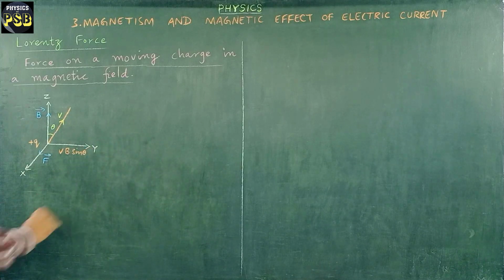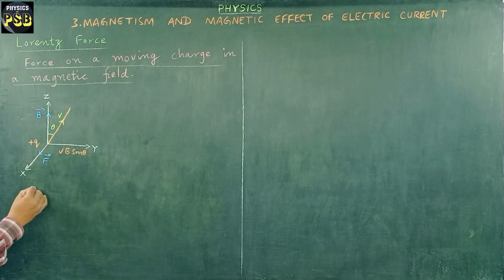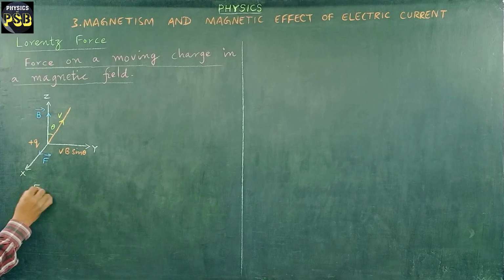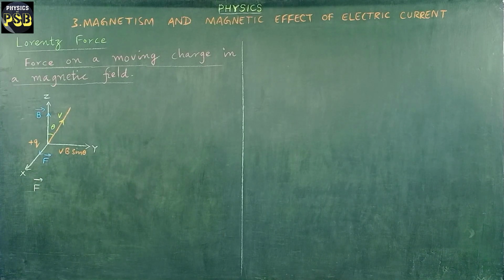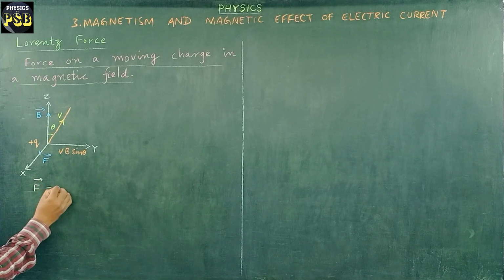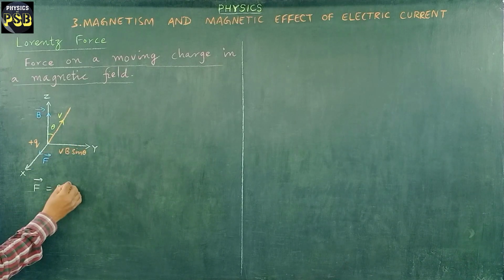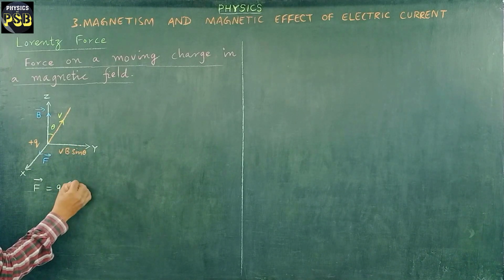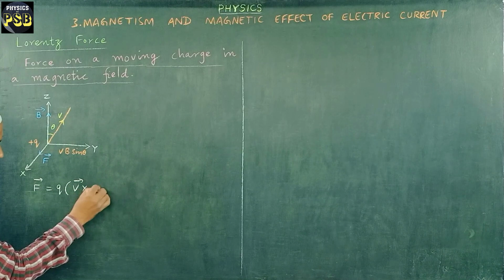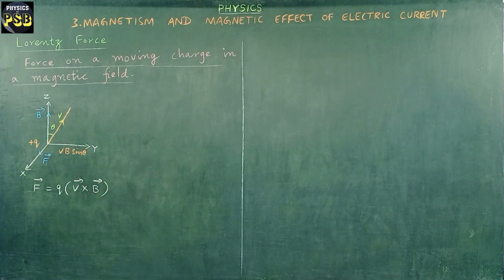Clear? Now, how can we represent this force mathematically? Let me show this to you. The magnetic Lorentz force F vector is mathematically represented as q into v vector cross B vector. This is the expression that represents the Lorentz force.